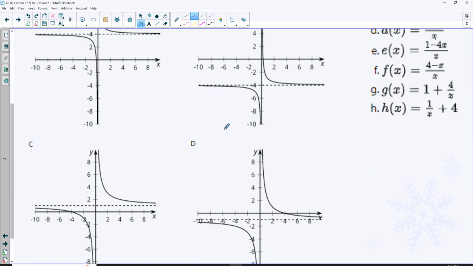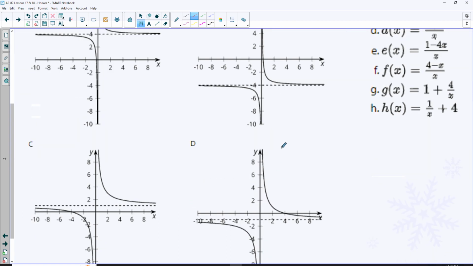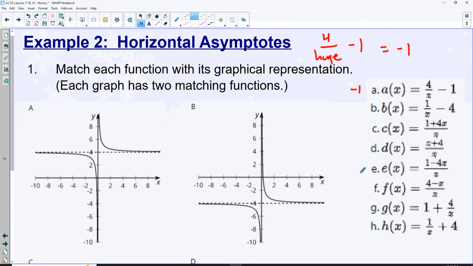And that means it's going to match graph D because it has a horizontal asymptote in -1. So I'm going to match that to A. Okay. What about B? Same idea, right?